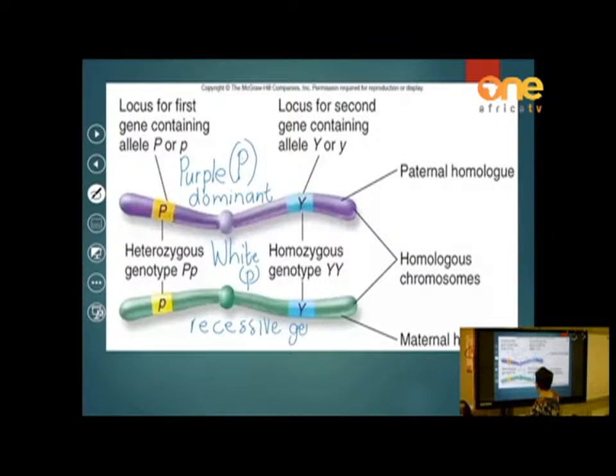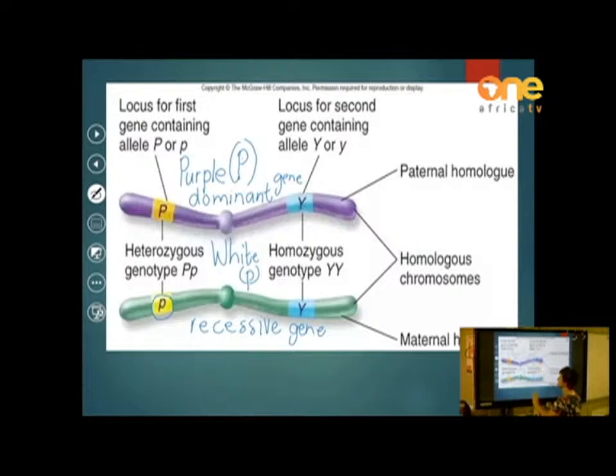Okay, I really hope that you are still with me. So, I have here a dominant feature, therefore I've written it in a capital letter. I have a recessive feature, therefore I've written it in a small letter. But I use the P because the dominant feature is purple.